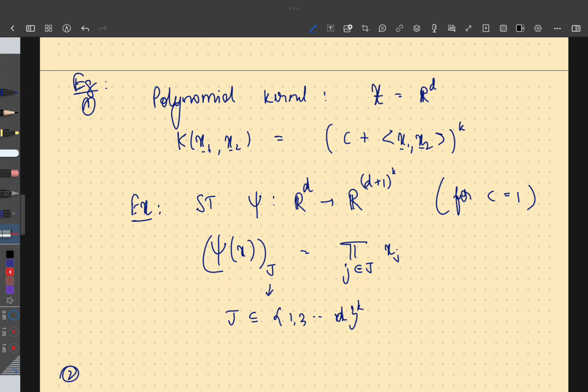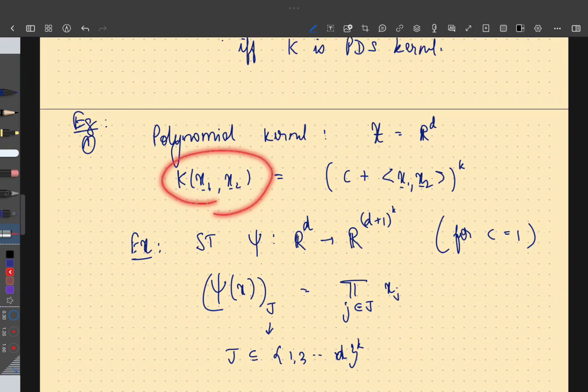So complexity would be roughly (d+1)^k. Right? I'd at least need that many multiplications, because there are (d+1)^k components, and that minus 1 number of additions. So the complexity scales as order of (d+1)^k.